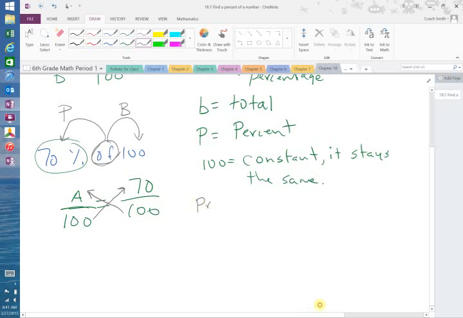So I just have a proportion that you will solve. Then what I have is A times 100 is equal to 100 times 70.